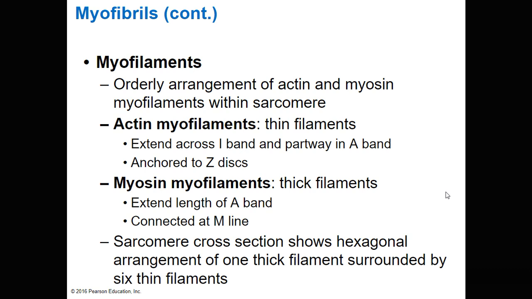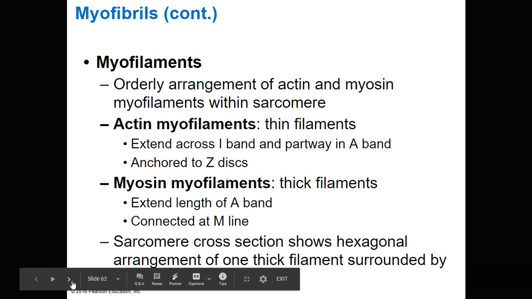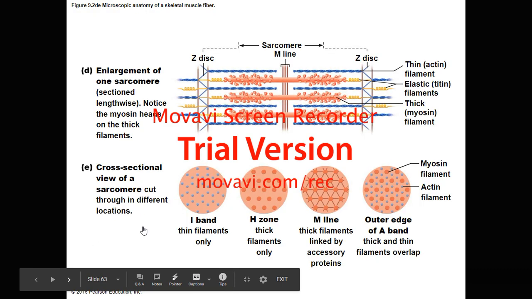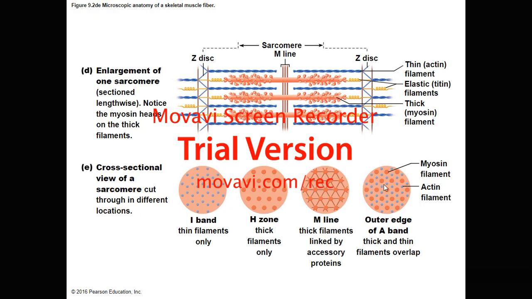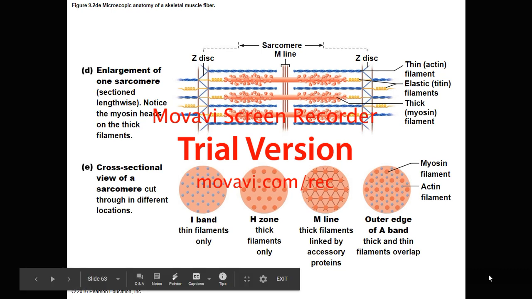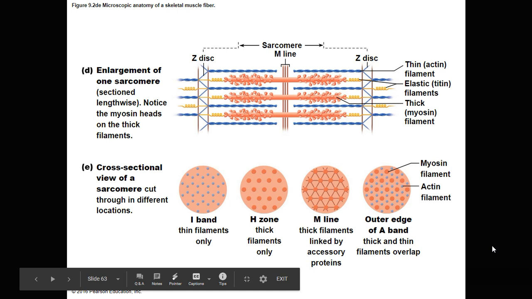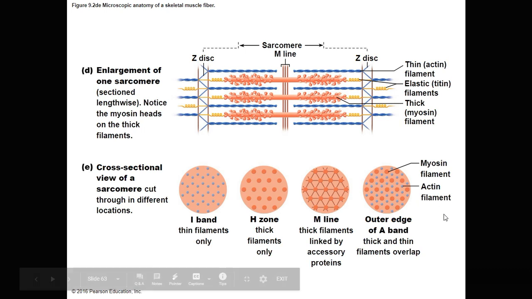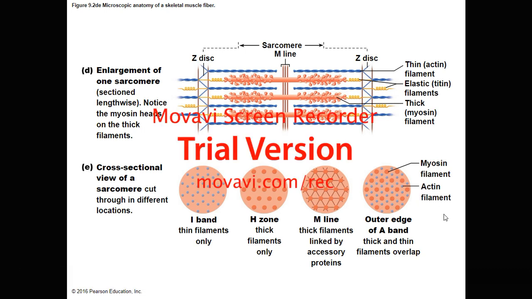This image shows the hexagonal arrangement of 6 thin filaments surrounding each thick filament, and 3 thick filaments enclosing each thin filament.